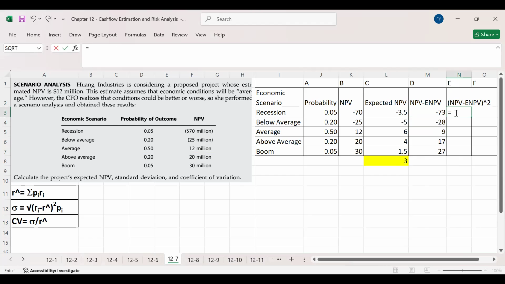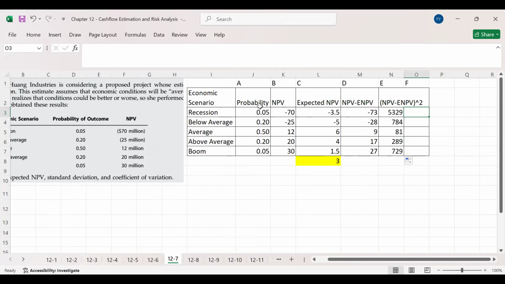And then we take the square of it. Then we multiply it by the probability. The probability is given, so we multiply this column with the probability under each scenario.